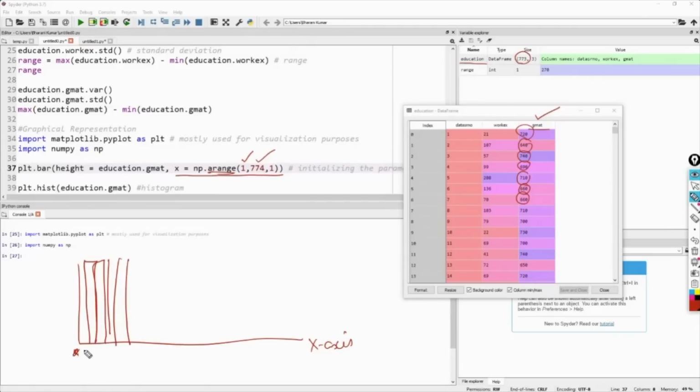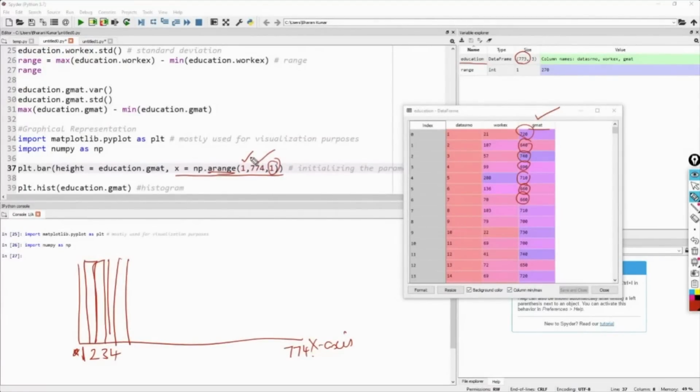So how many values do you have? 1 until 774. And what does this 1 mean? This 1 means you want to increase it from 1 to 774 in an increment of 1. That means 1, increment of 1 is 2; 2, increase it by 1, 3; 3, increase it by 1, 4.